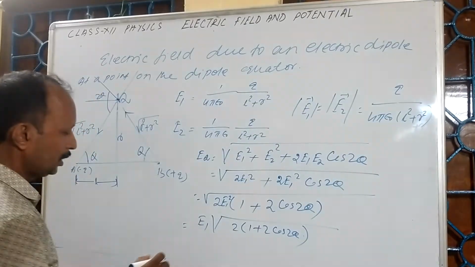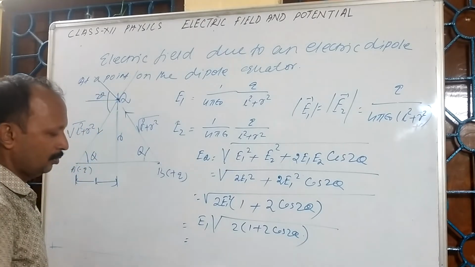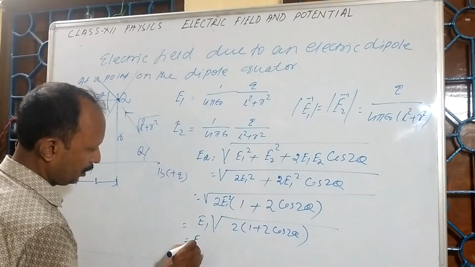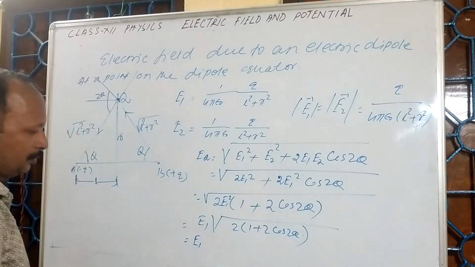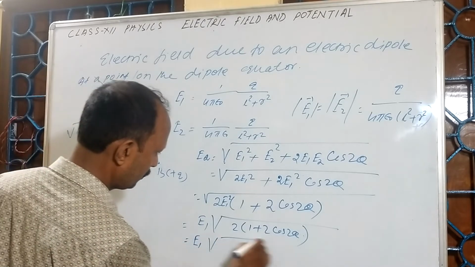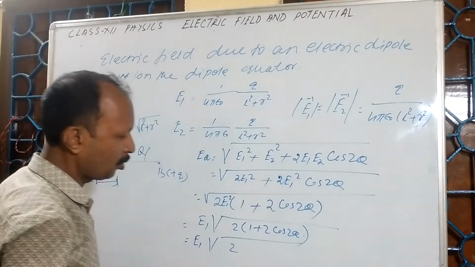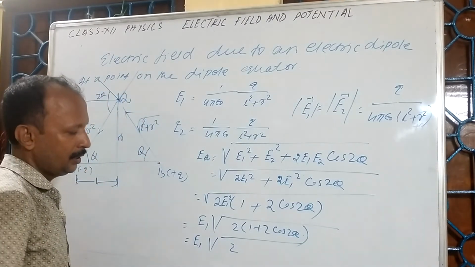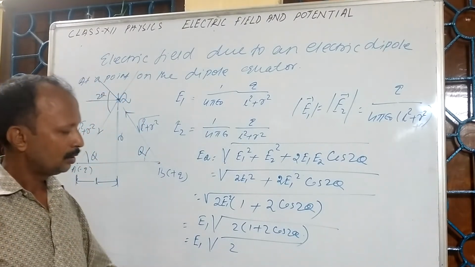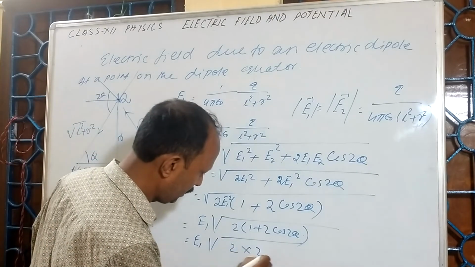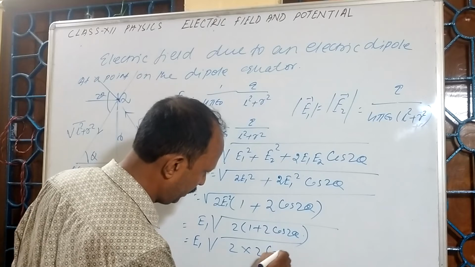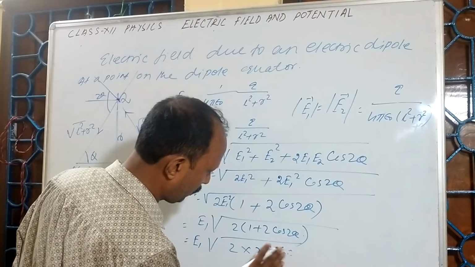So this is equal to E1 times the root of 1 plus cos 2 theta, and 1 plus cos 2 theta equals 2 cos square theta, according to trigonometry.